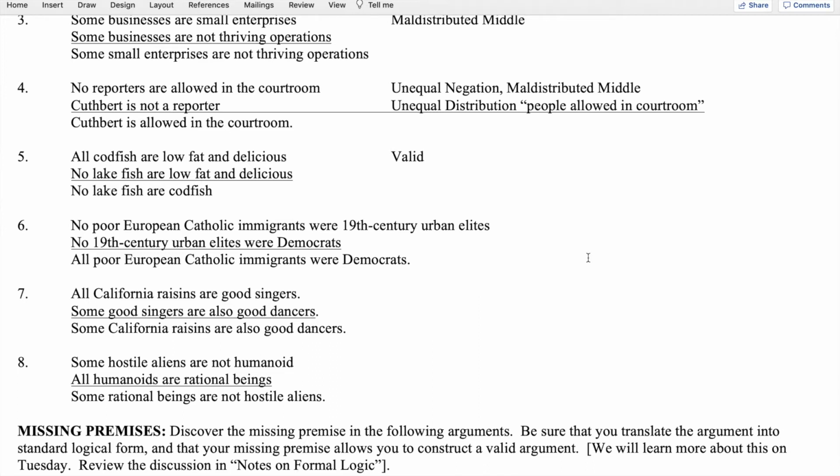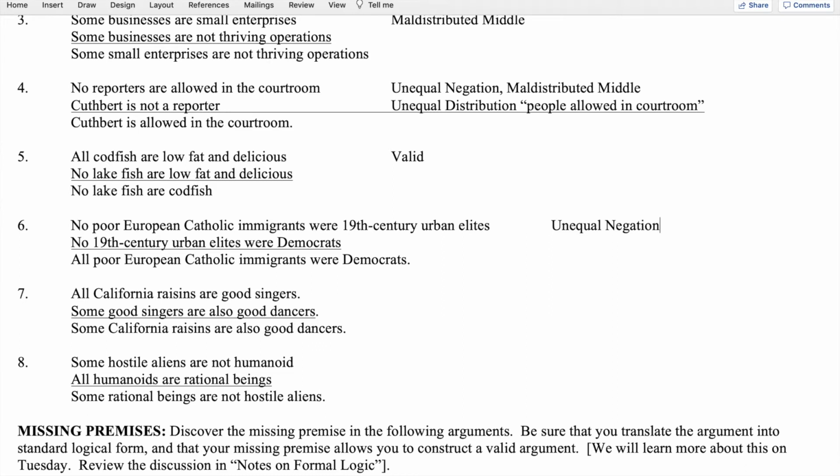In the universal negative statements, both the terms are distributed. And in the universal affirmative, the subject term is distributed. So we have two negative premises, and that tells us right away, of course, we have unequal negation because the number of negative premises must equal the number of negative conclusions, and you cannot have two conclusions. So we have the fallacy of unequal negation.